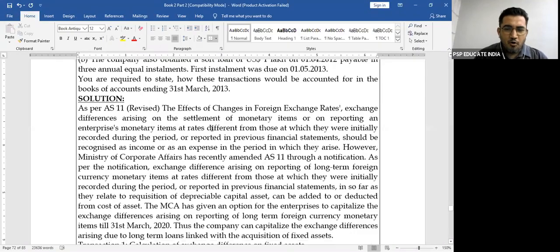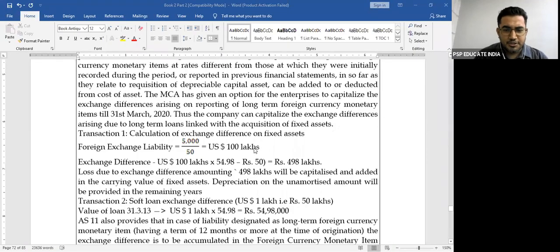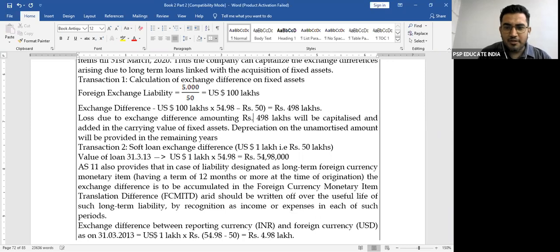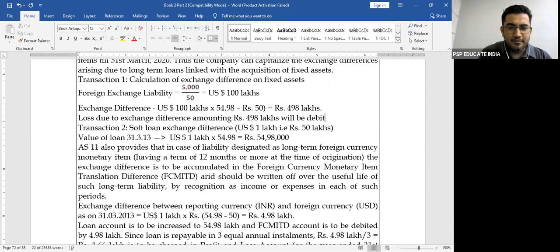Right, there is a small typing error in your solution. All this is okay. Loss due to exchange difference amounting to rupees 498 lakhs will be debited to profit and loss account.